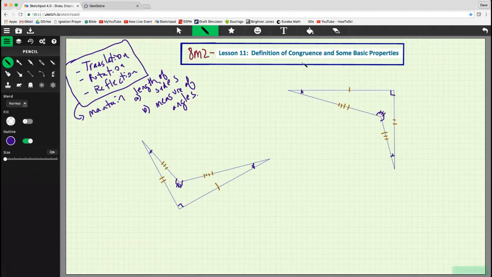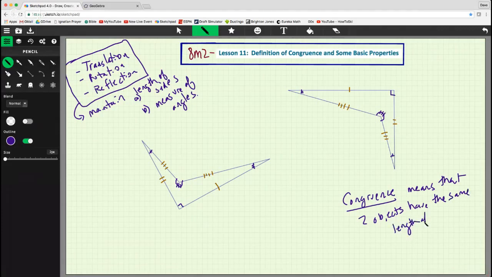Now, the key to congruence is it's another definition. Congruence means that two objects have the same length of sides and same measure of angles.